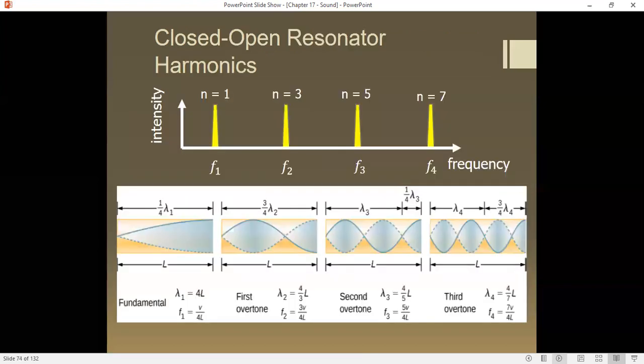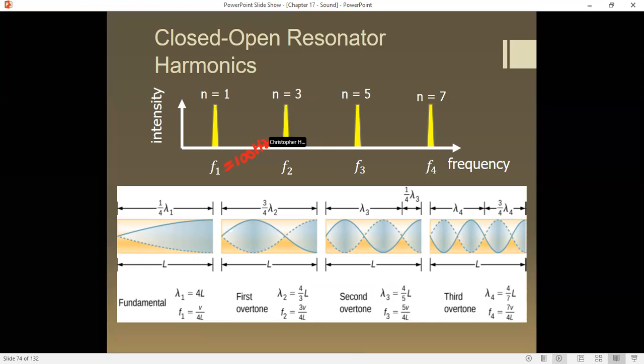Now, what this means for a closed open-end resonator like this is the frequencies are going to be offset a little bit differently. The fundamental is going to be this far from a frequency of 0. Frequency of 0 doesn't really mean very much, but let's say that my fundamental, we'll use real numbers, that makes it easier, is 100 hertz.